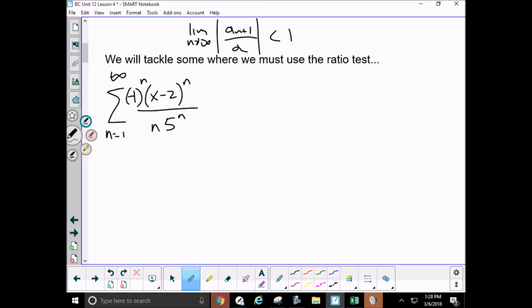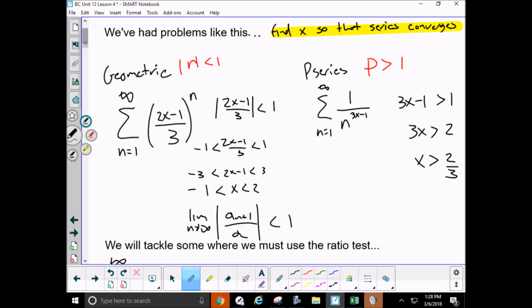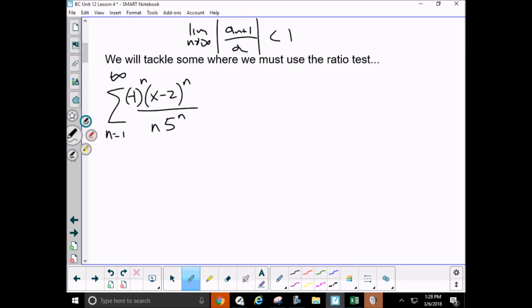Okay, here we go. Now, since I'm taking an absolute value, we can disregard any alternating signs.